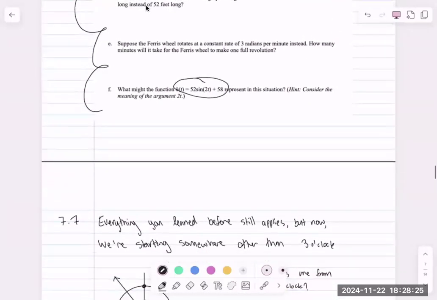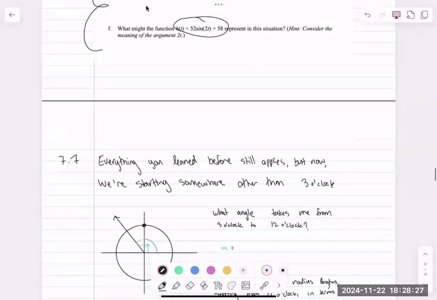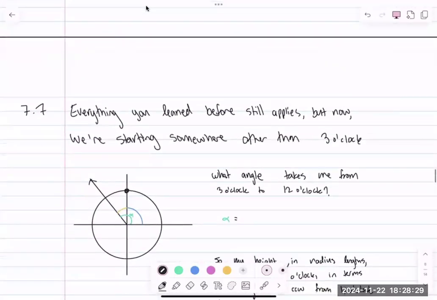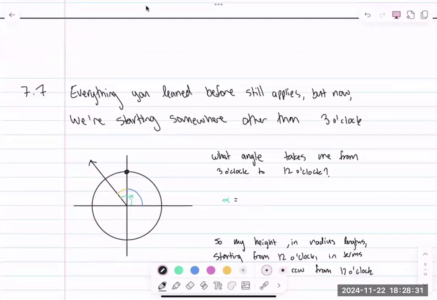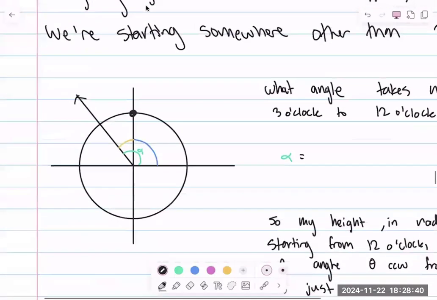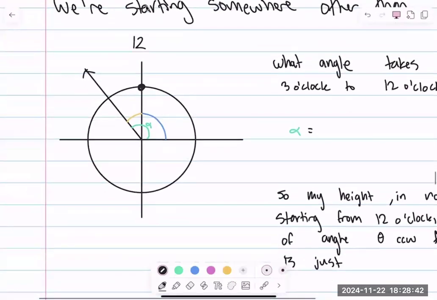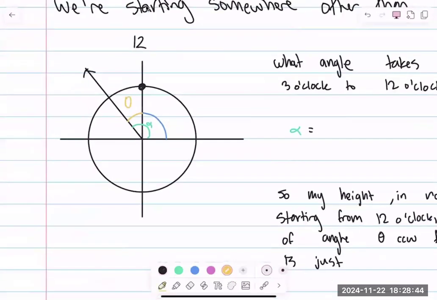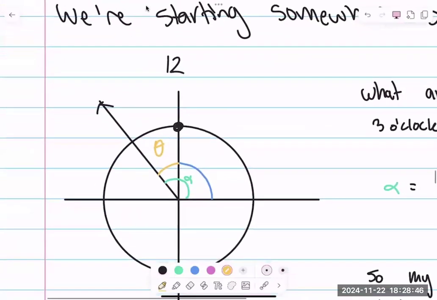Okay. Taking it one step further to 7.7, we might start somewhere different from 3 o'clock. And we still need to be able to figure out our functions, okay? So real quick right here, what if I started at 12 o'clock, right? And I make an angle theta, which I've labeled yellow here, from this 12 o'clock position.